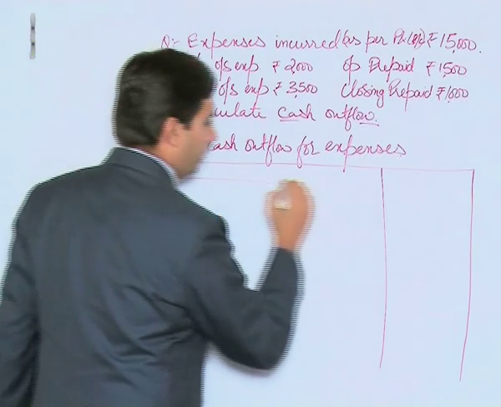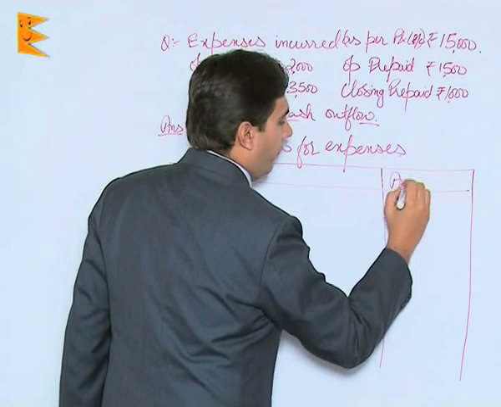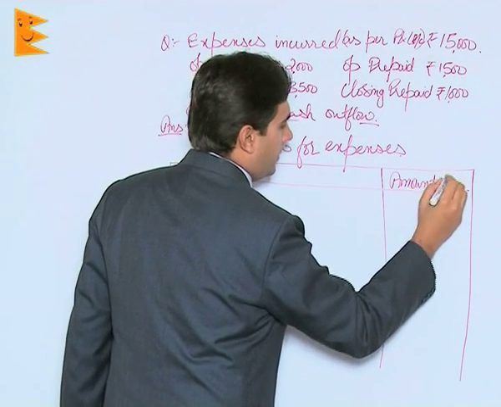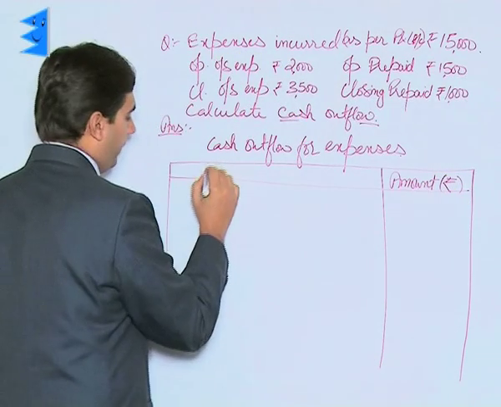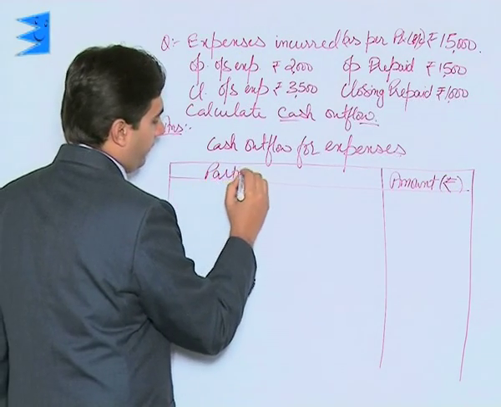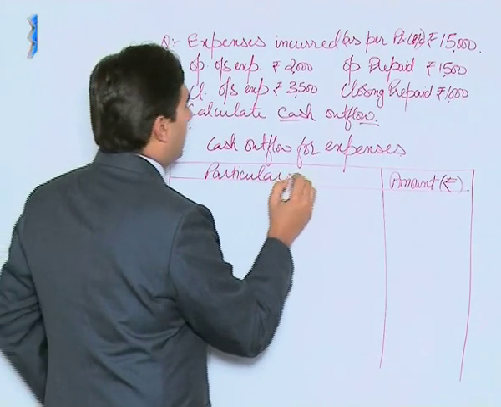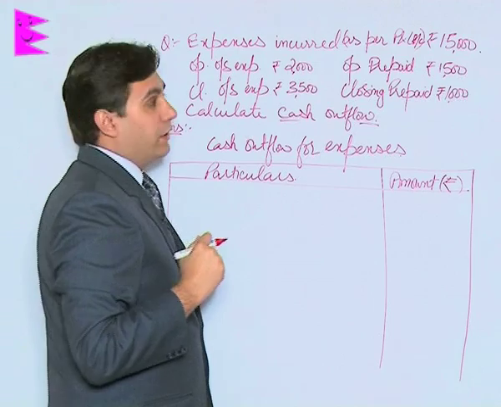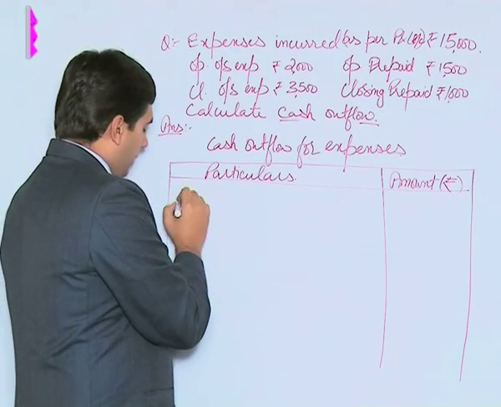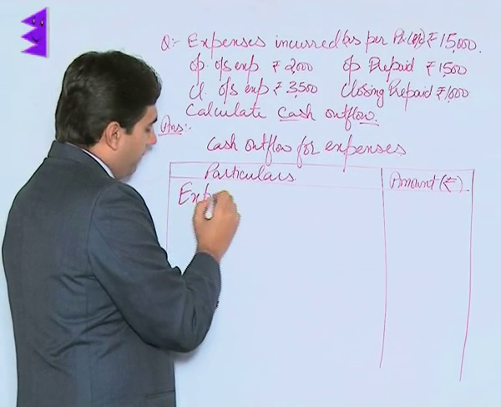We'll just have two columns, one for amount represented in rupees and the other one being particulars. Expenses incurred during the year, rupees 15,000. This will be our base figure.